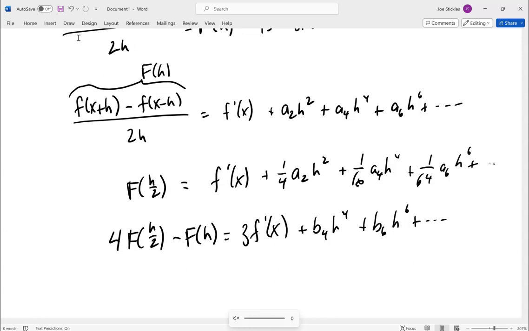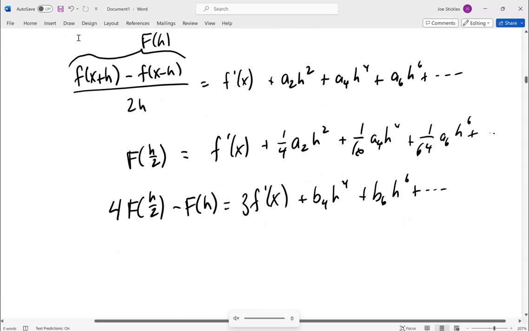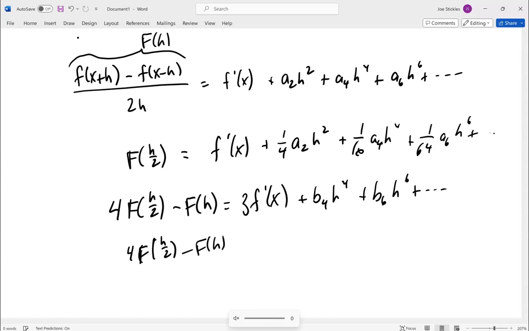All right. Again, now if we solve for the f prime, we would divide by 3. So you would have 4 f of h over 2 minus f of h all over 3 gives you an approximation for your derivative, and this is order 4 now instead of order 2.